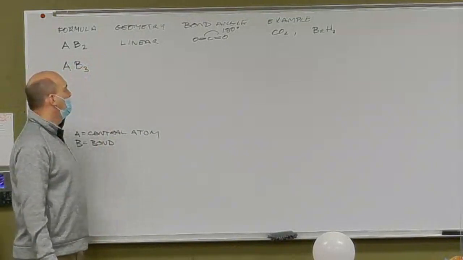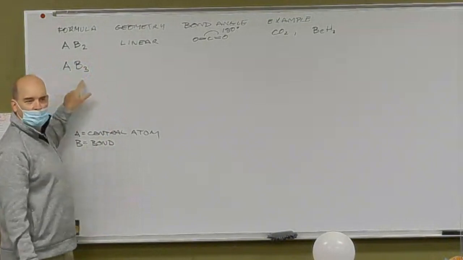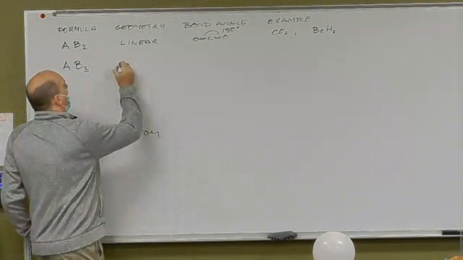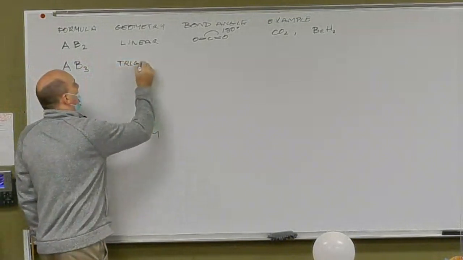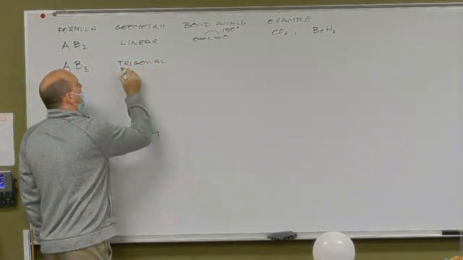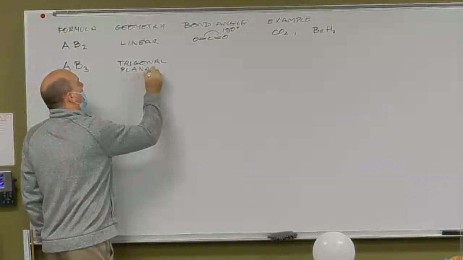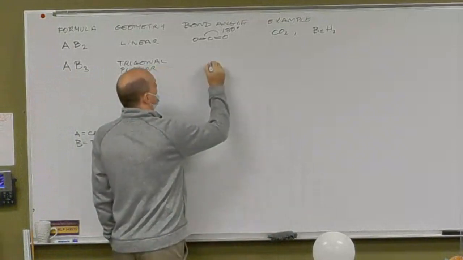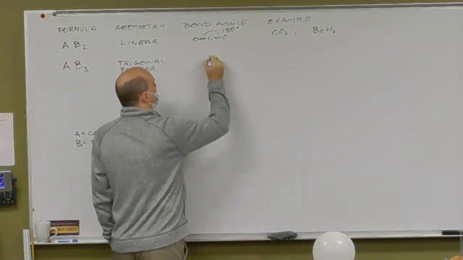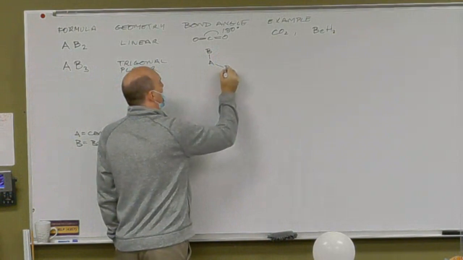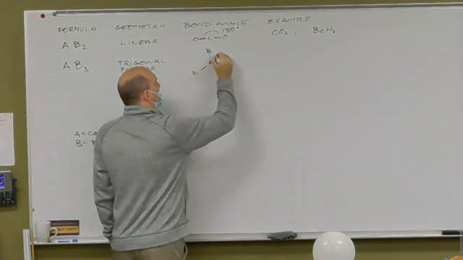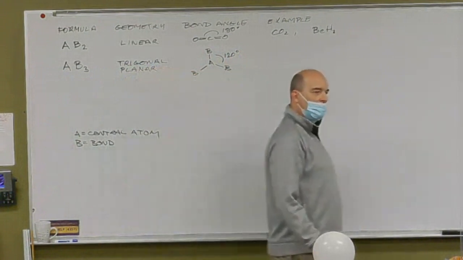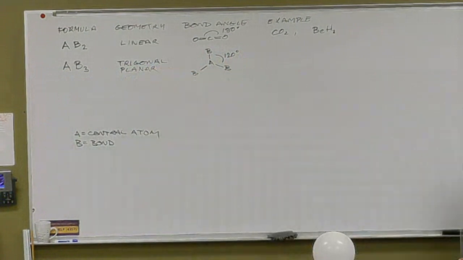When I get to have a central atom with 3 bonded atoms around it, my geometry is called trigonal planar. That angle gets to be 120 degrees.